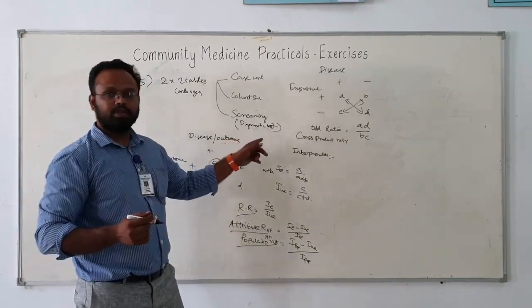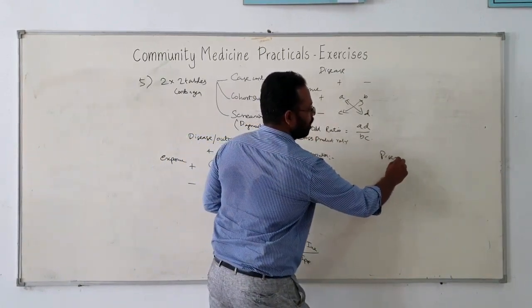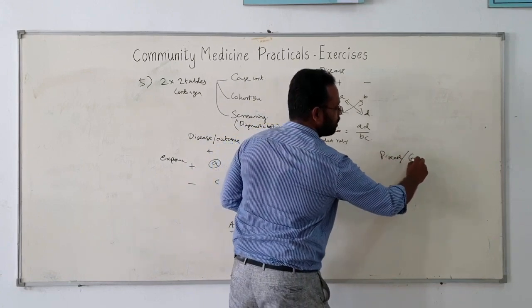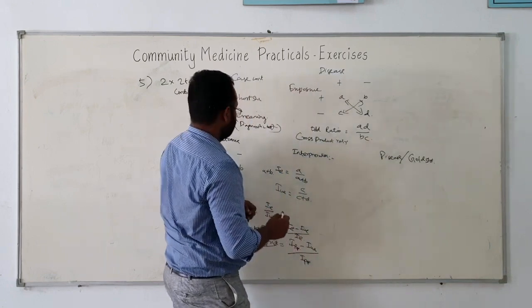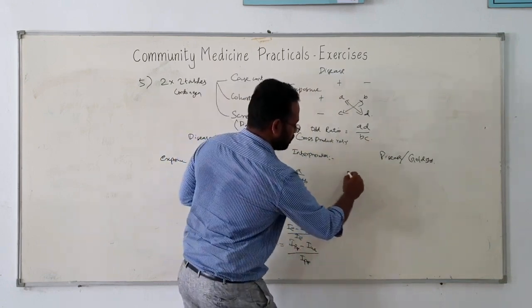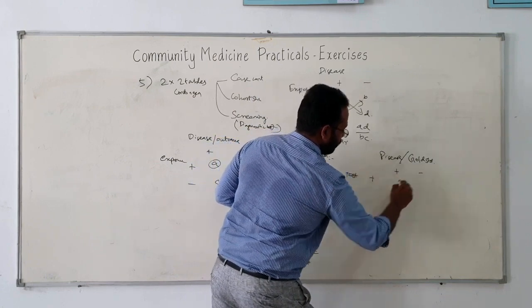Then the last one is your screening. Screening, as I said, here it is not the outcome. You have to mention the gold standard. Then the test, whatever the test says. So positive, negative.